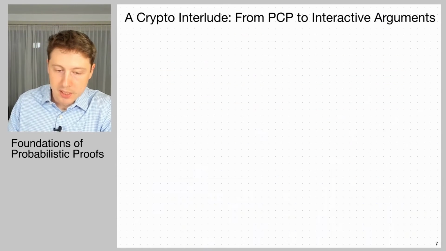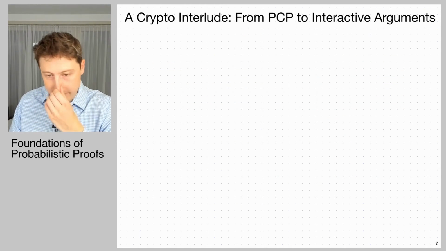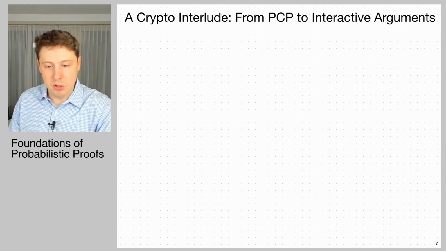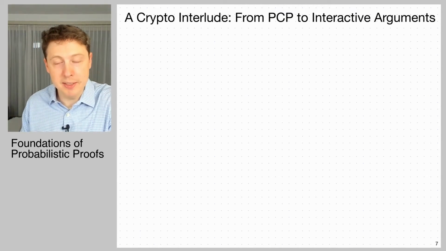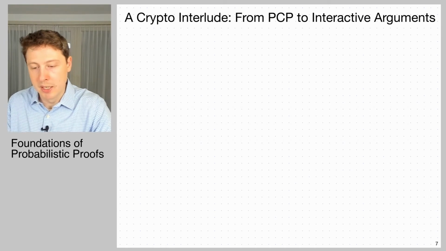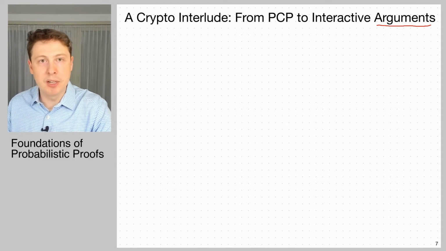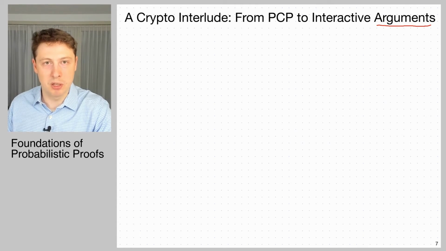Okay, so this leads to a 2-slide crypto interlude, where I will explain how, given any PCP, you can construct a so-called interactive argument. Here, argument is cryptographic terminology that says the proof system is secure only insofar as some specific cryptographic primitive is not broken.